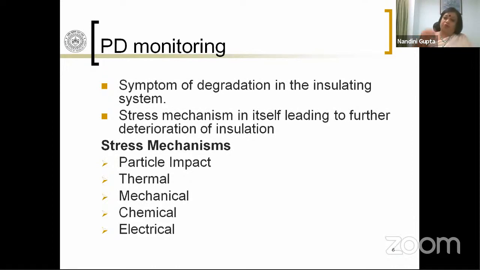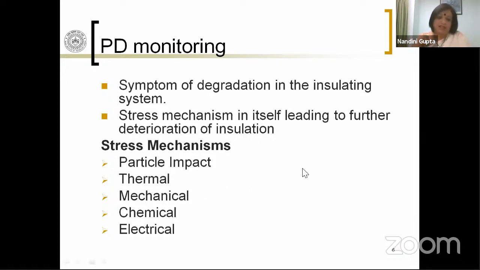When we are talking about partial discharges within a void, it need not be just ozone. There can be various other chemical reactions happening. So basically, all the various ways in which the energy in the partial discharge is dissipated would also result in stresses. And again, I'll come to this later, would also give us means to be able to detect PD.